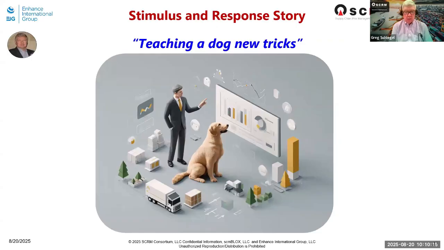So we'll talk about each one of these sections. We thought we'd start with a stimulus and response story. We call it teaching a dog new tricks, a little levity early in the morning here. But we want to give you some insights about stimulus response. So let's take a look at the next slide.